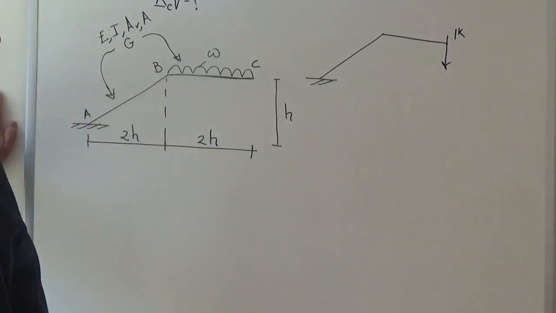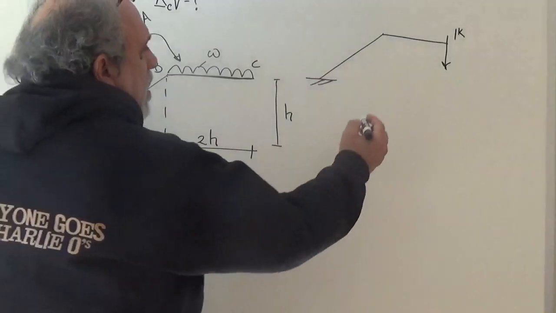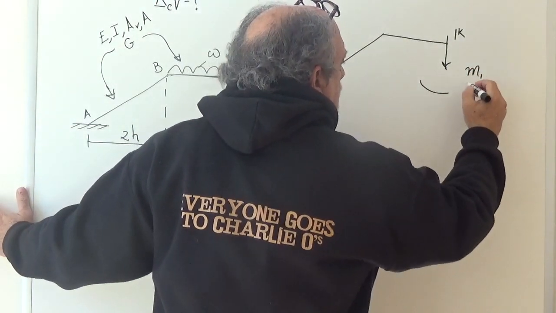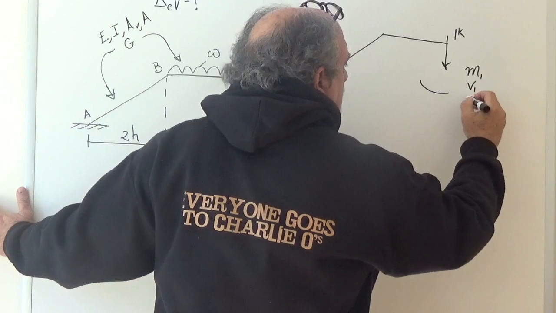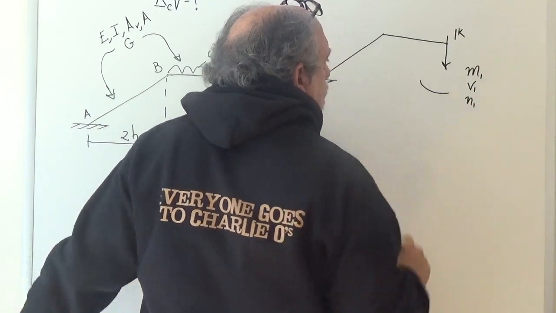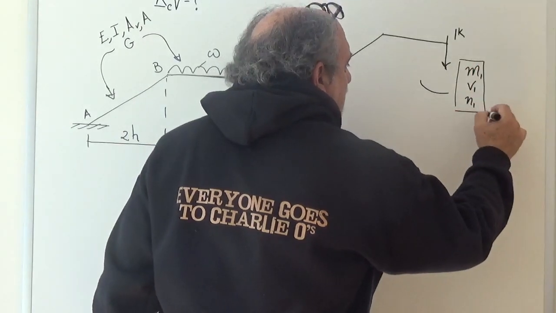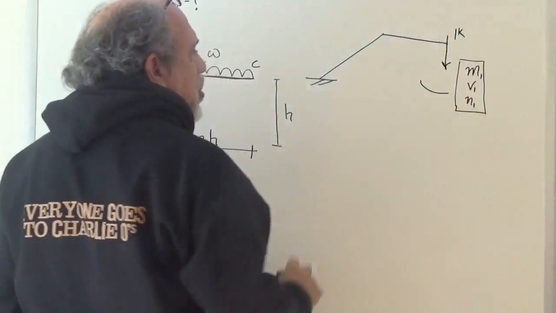Okay, from this diagram, we have to get M1, V1, and N1, which are expressions of the moment, shear, and axial force throughout the structure.